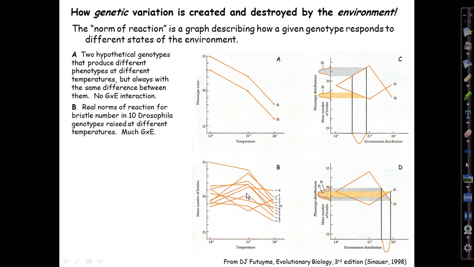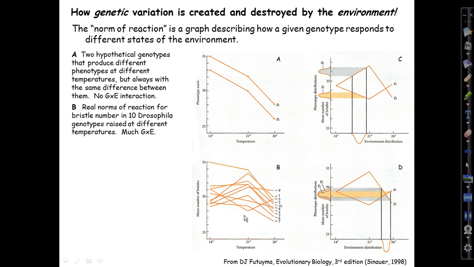These real norms of reaction for bristle number in 10 different Drosophila genotypes raised together in incubators but at different temperatures, they have a lot of G by E, and that's because the lines are not parallel. Some are going up between two temperatures while others go down between the same two temperatures.